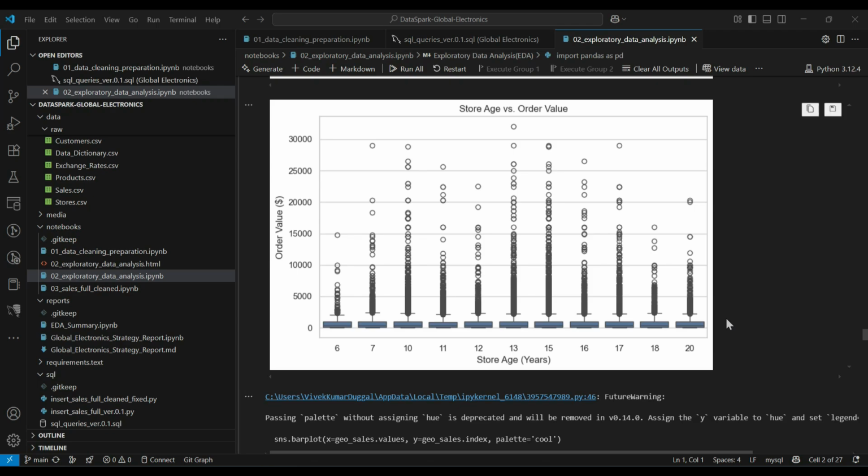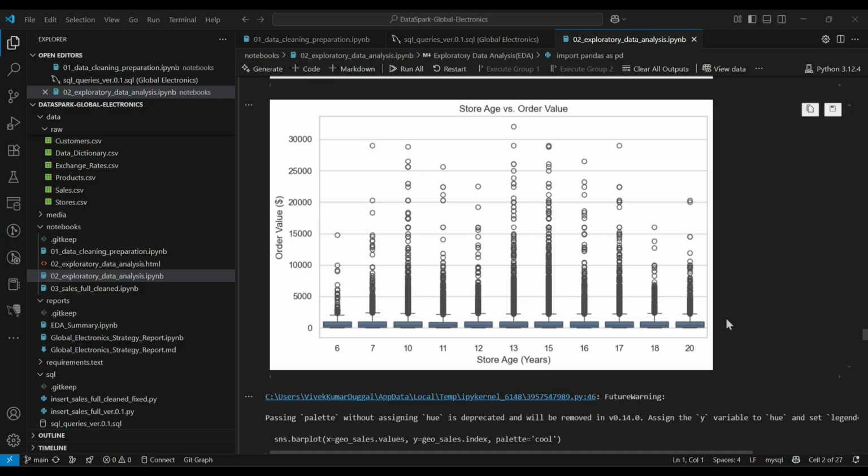Store age versus order value box plot. Insight: the distribution of order values is similar across stores of different ages, mostly concentrated below $5,000. Observation: all store age groups from 6 to 20 years show a similar median order value.